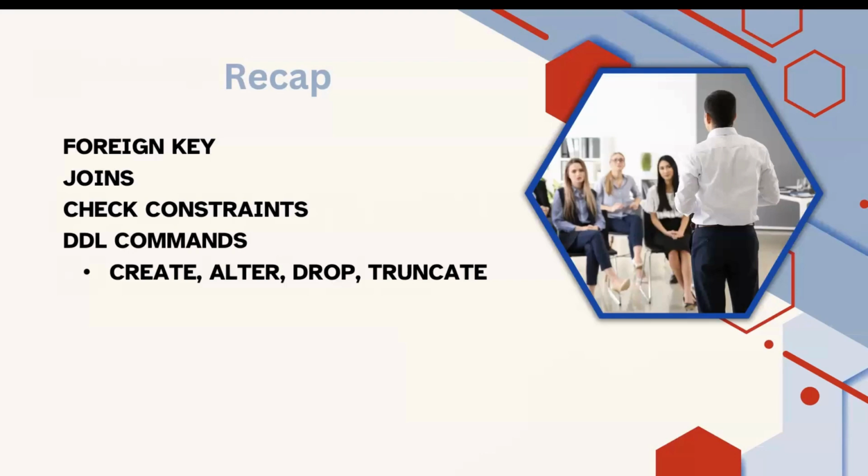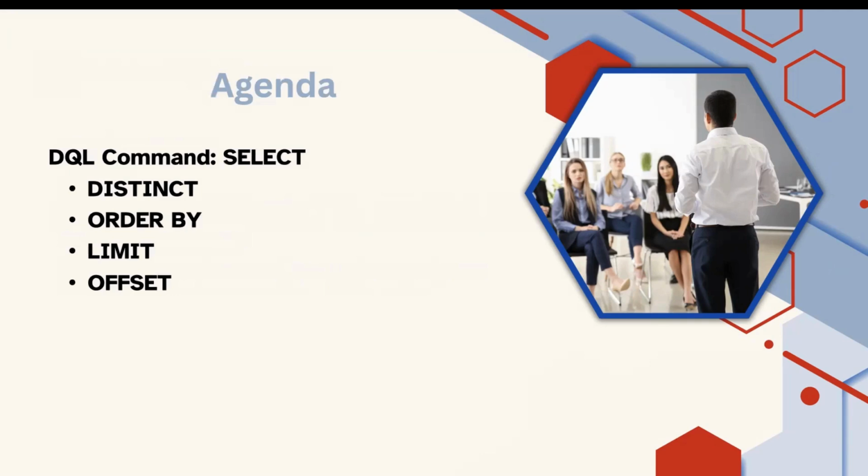The drop command deletes the table entirely, and the truncate command removes all the data but keeps the table structure intact in your database. We also had a detailed discussion about the difference between drop and truncate. If you are still confused, please refer to our previous video recording for more clarity. Now today we will focus more on the data query language commands.